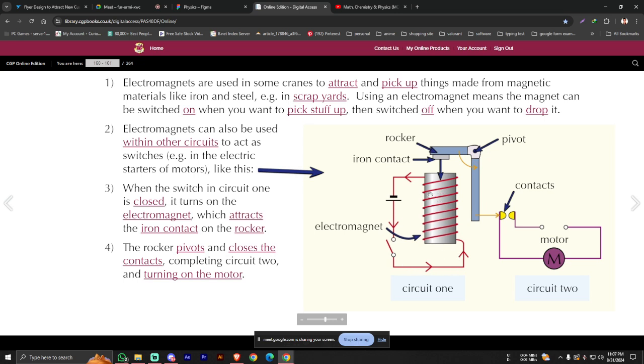The magnetic field will be increased, and this will come in contact with the iron contact here, which is connected with the rocker. The rocker will move downwards, and if the rocker moves downwards, the connection with the pivot and the second rocker will be moved to the right, which will complete the second circuit. The second circuit switch will be on, making the motor turn on. That's the main mechanism right here.